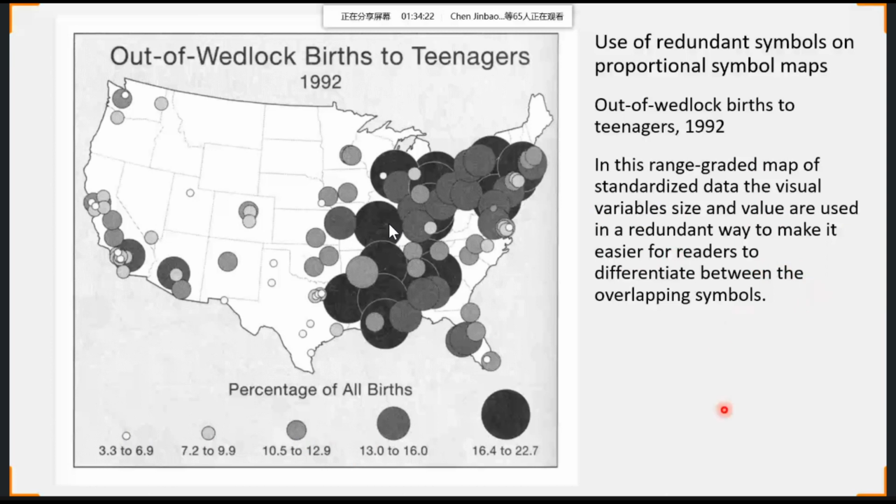But again, it has this drawback that something not only looks smaller, it's also weakened because it's not that black. It's nearer to the background, and therefore this additionally adds to a difference in the impression. It works here because we have a range graded map.